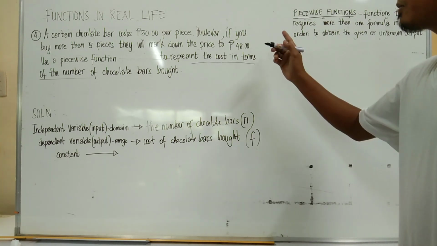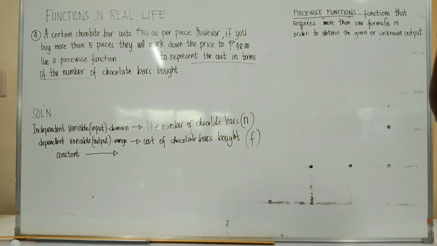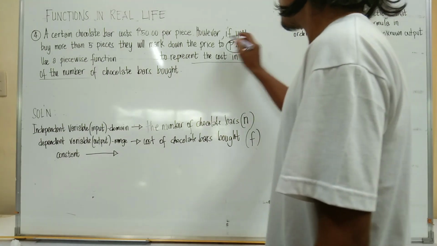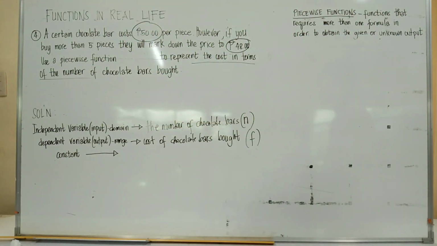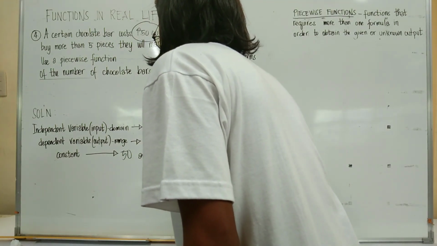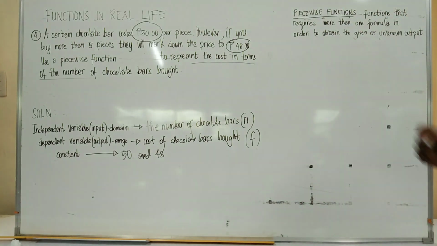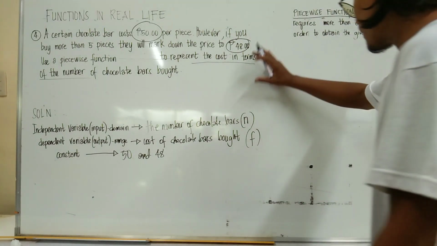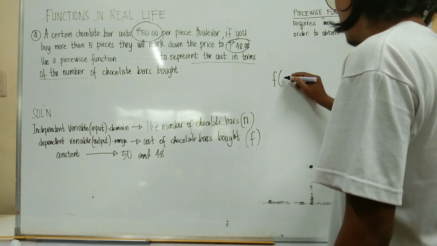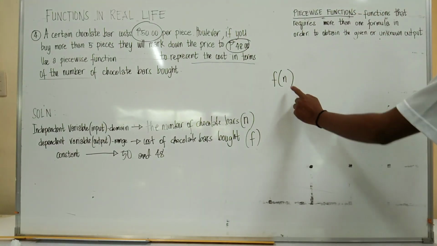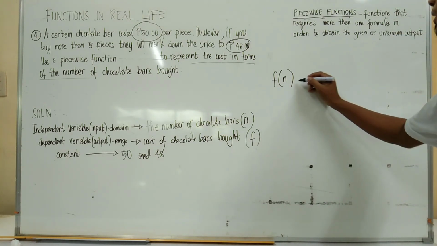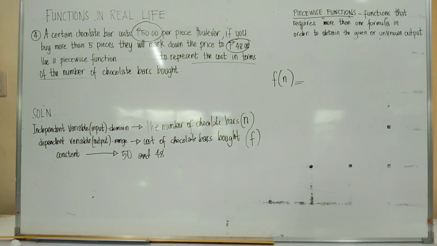So on our problem, we will try to read. We have two constants, 48 and 50. Okay, so just write 50 and 48. So again, it is a piecewise function, and it will be wise for us to write it in pieces, or we can say that the resulting function goes this way. So n function of f. So this is your input, and overall, this will be our output.